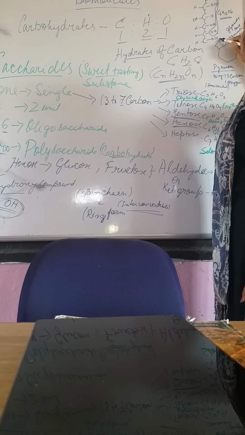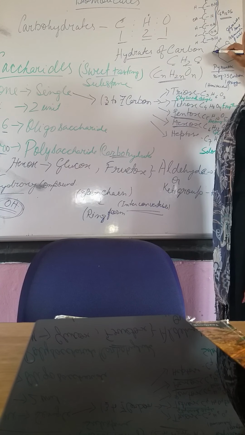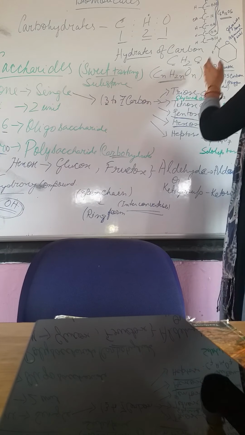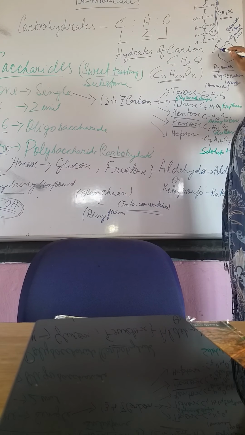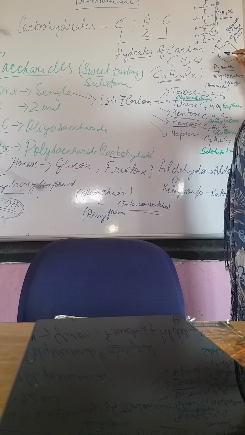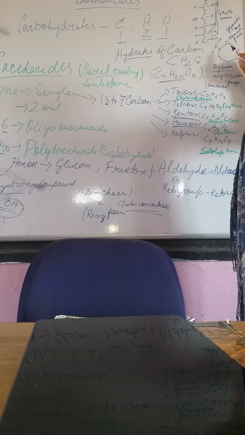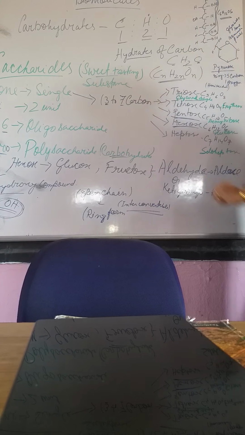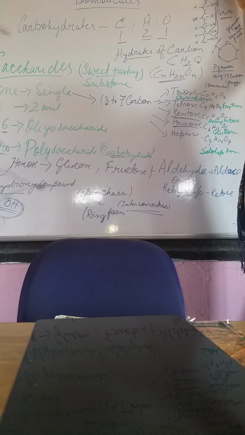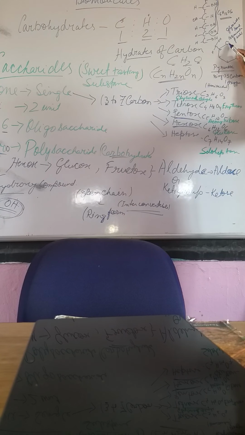This carbon, with OH on one side and hydrogen on the other, is just an extension coming out of the ring, and here we have C, C, C, C, C. So the ring has 5 carbons and this oxygen comes up here, making the ring-like structure.